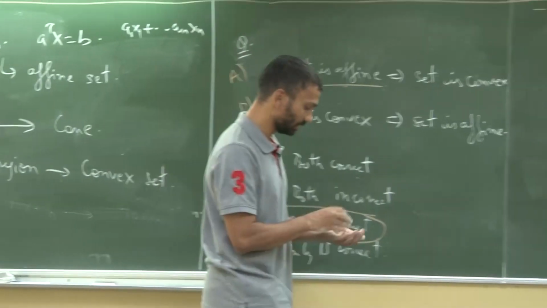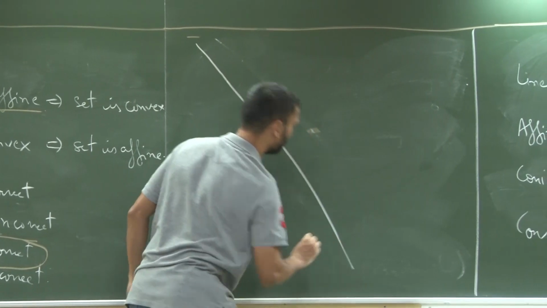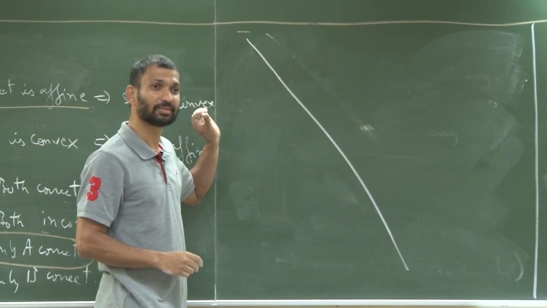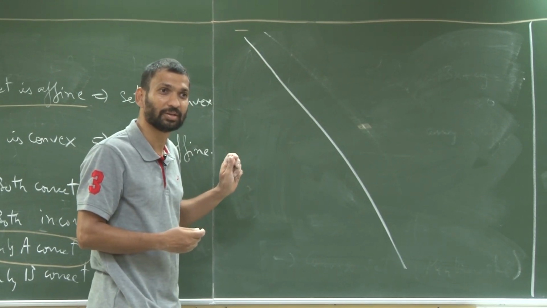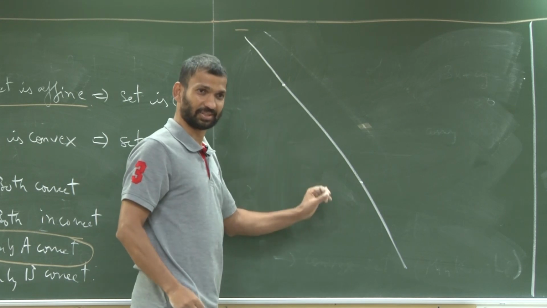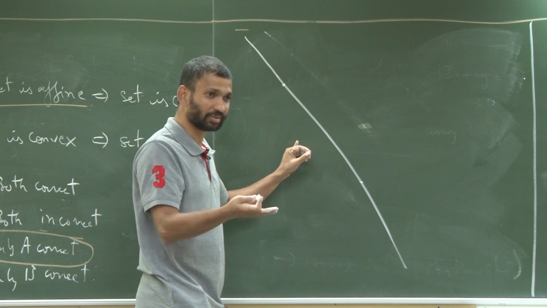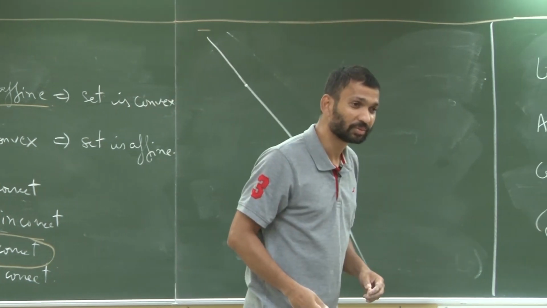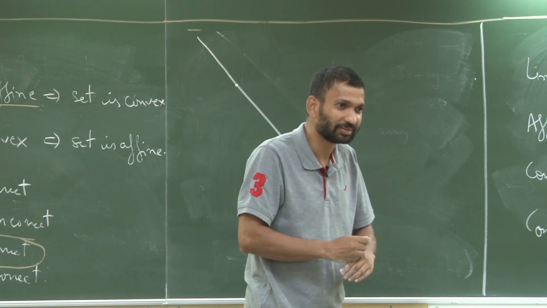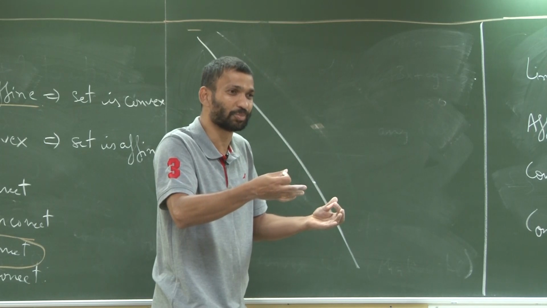So what is happening here? A line segment, remember, a line was affine. Is it convex? Why? Take any 2 points. Its convex combination is inside that line? Yes, no? Look, the convex combination is the line segment between the 2 points, right? That we described. Remember I said what is a line segment? It is a convex combination of those 2 points.